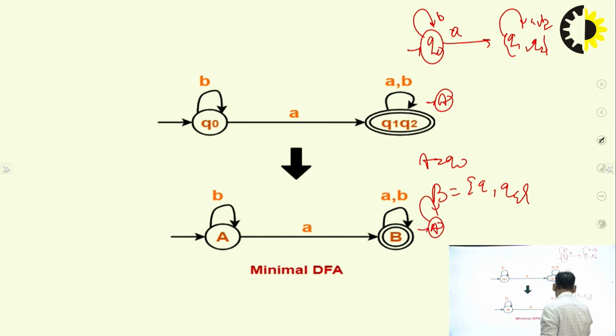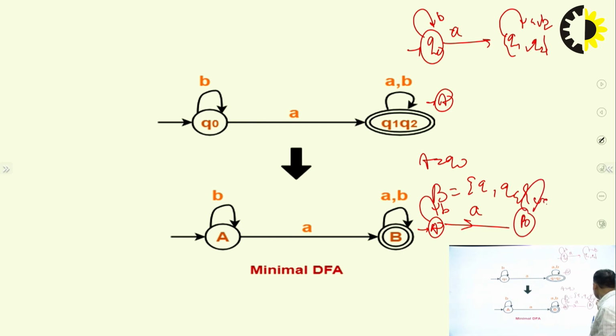As input B, the next state is A, and as input A, the next state is B. B as input A goes to A, and B as input B goes to B. B is the final state, and A is the initial state. This is the minimal DFA, the minimization of DFA.